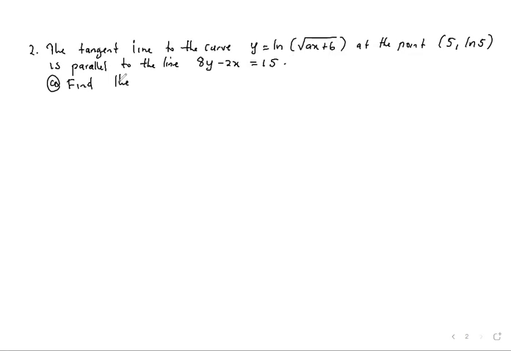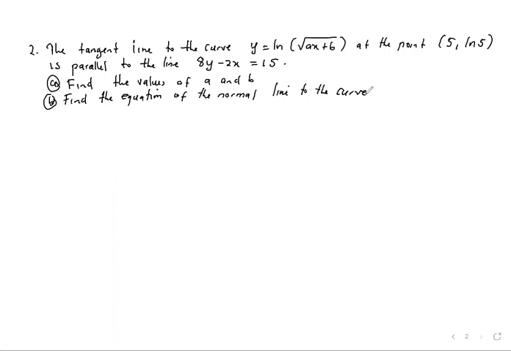Find the values of a and b. B, find the equation of the normal to the curve at the point 5, ln 5.